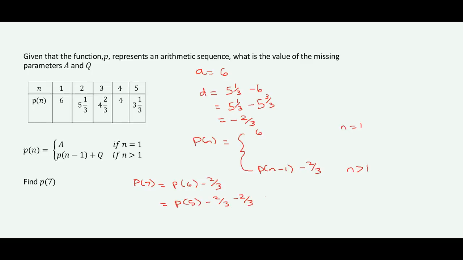So this is going to give us P of 5 minus 4/3. So P of 5 is 3 1/3 minus 4/3, which is 10/3 minus 4/3, which is 6/3, which gives us a value of 2. So P of 7 is equal to 2.